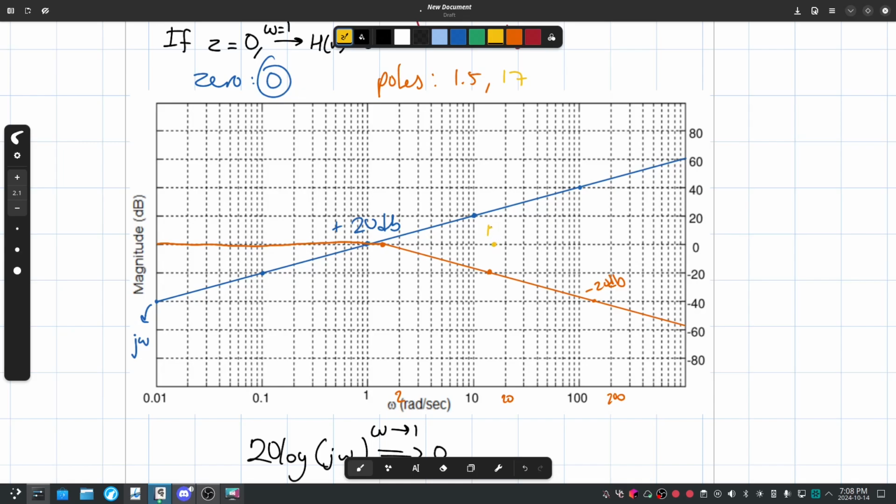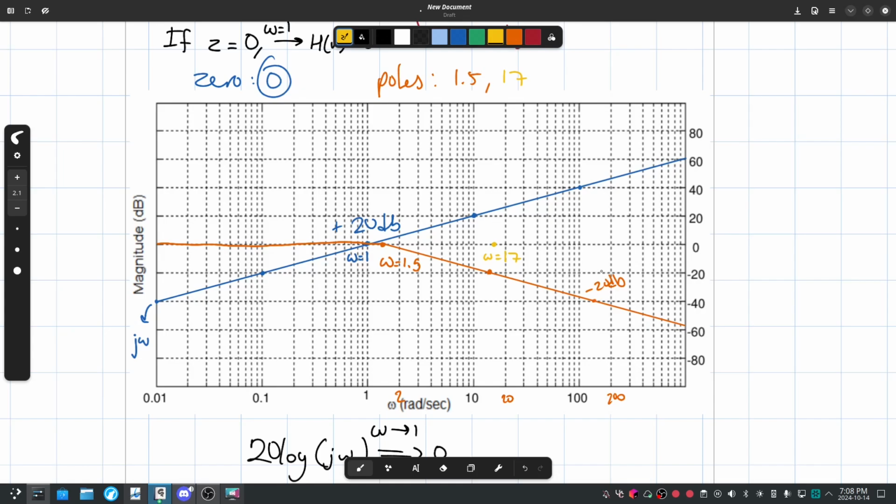So this is 17. Omega is equal to 17. Here, let me write that. Omega is equal to 1.5, and omega is equal to 1. And once again, it's a pole, so it's going to be pulling down.